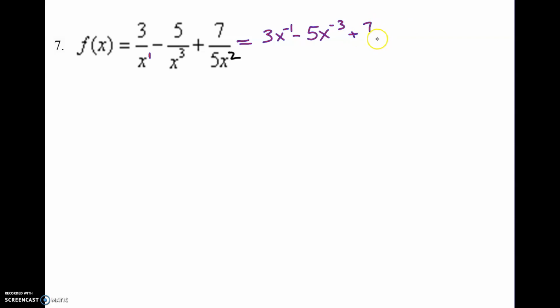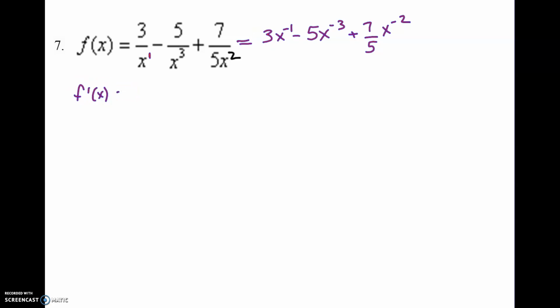Now, I don't want to bring the 5 up to the top. I don't want it to be 5 to the power of negative 1. So I'm going to leave the 5 down there, 7 over 5. I'm just going to reciprocate the x. Okay, that x becomes a negative exponent. Okay, now each of these terms is in the right form, and now we can differentiate f of x.